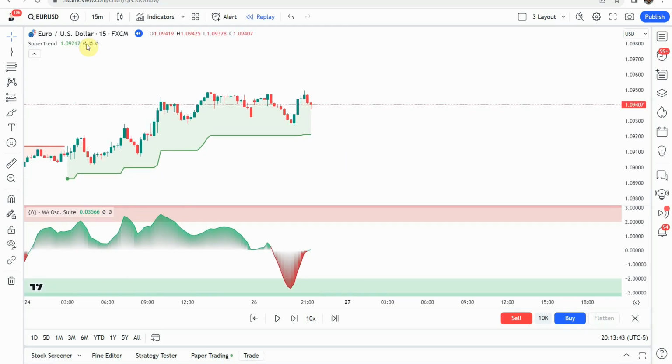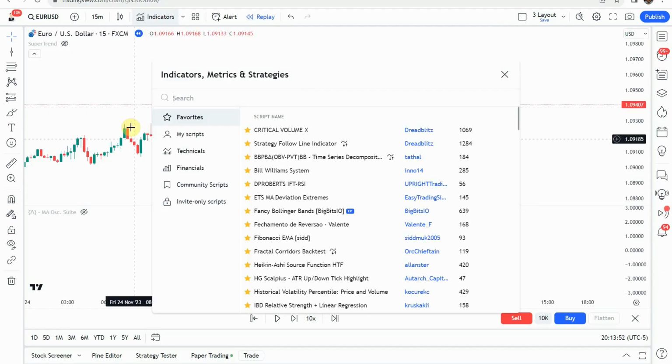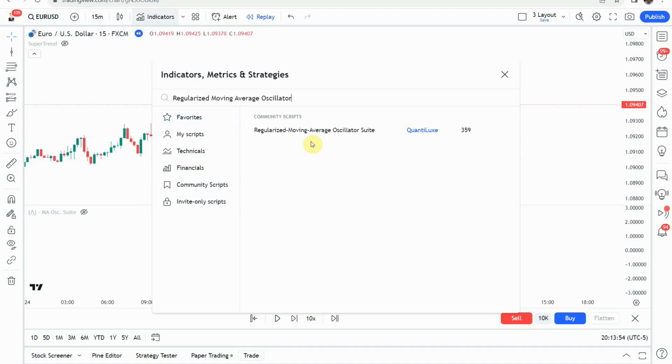Let's go ahead and turn off these two indicators right here. The first indicator that we are going to put on screen, and presumably the one that they say filters out 99% of false signals, is going to be the regularized moving average oscillator.